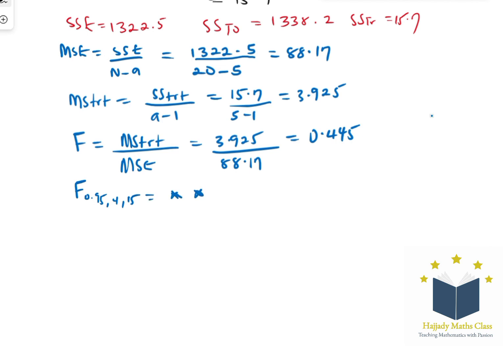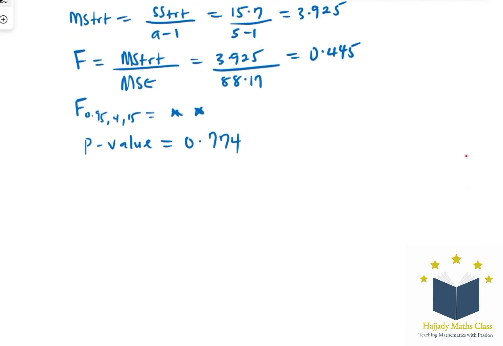But here I'm going to use the p-value. I use my calculator to get my p-value, which happens to be 0.774. Lastly, for my comment, I'm going to compare, using the p-value to make a conclusion.